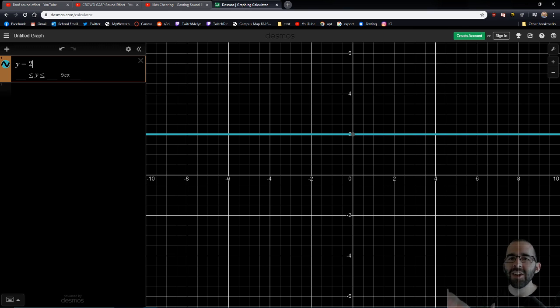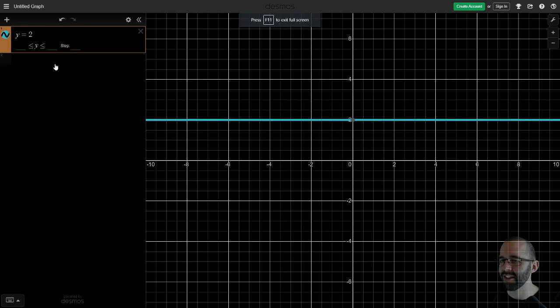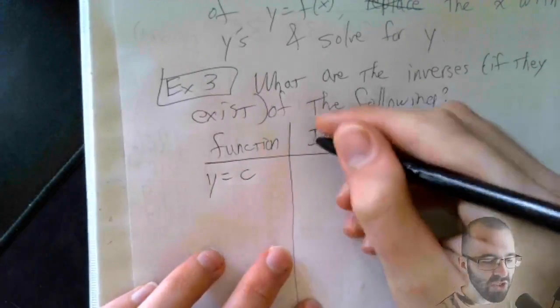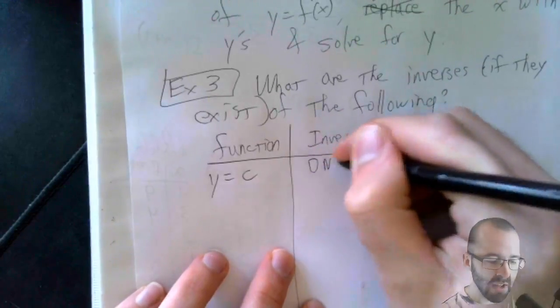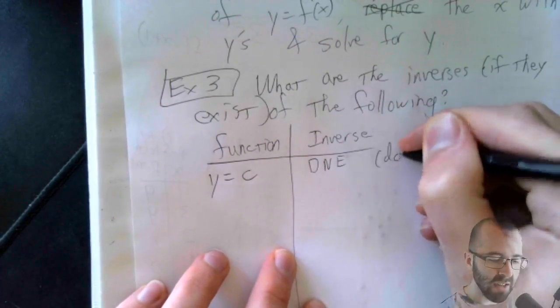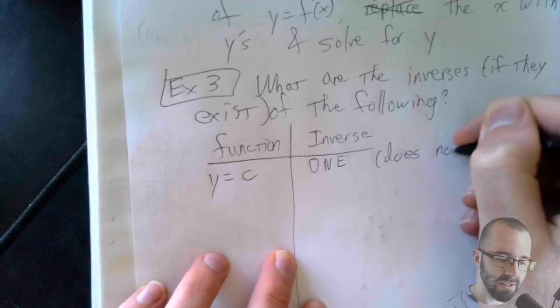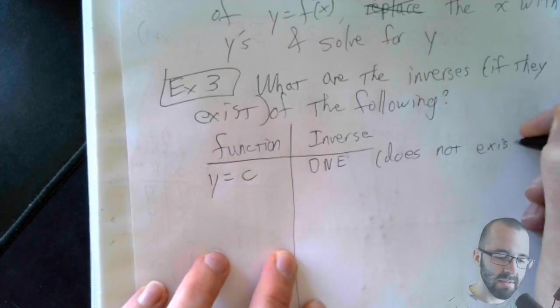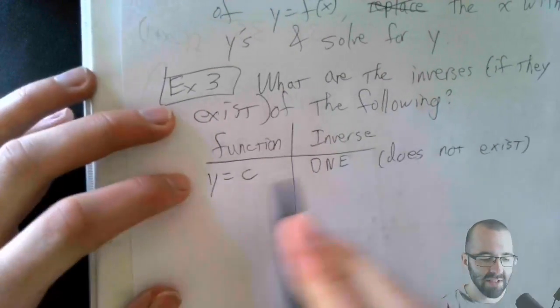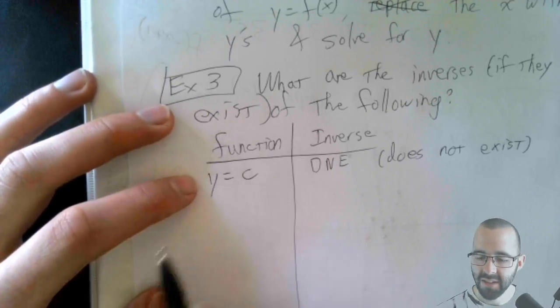It literally could not fail the horizontal line test any harder, right? It is a horizontal line. It definitely fails. This is not one-to-one. There is no inverse. You might say DNE, does not exist. This is very, very much not a one-to-one function.